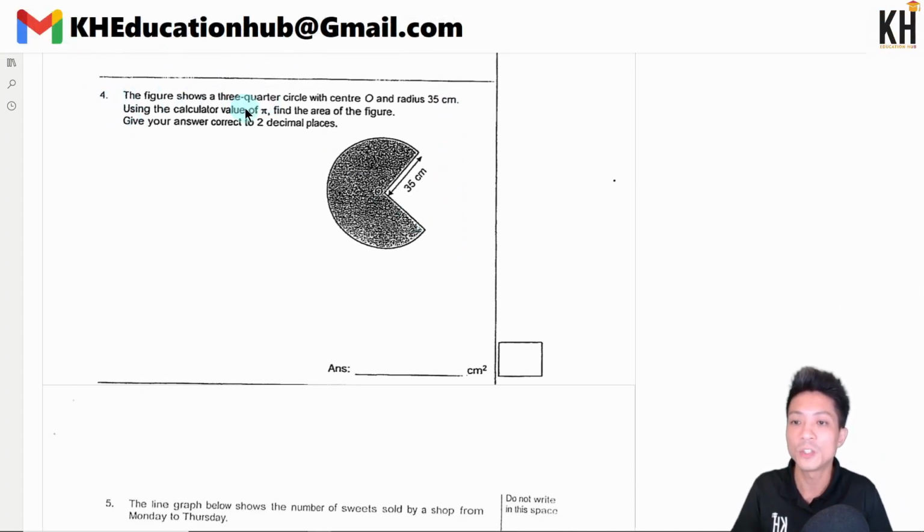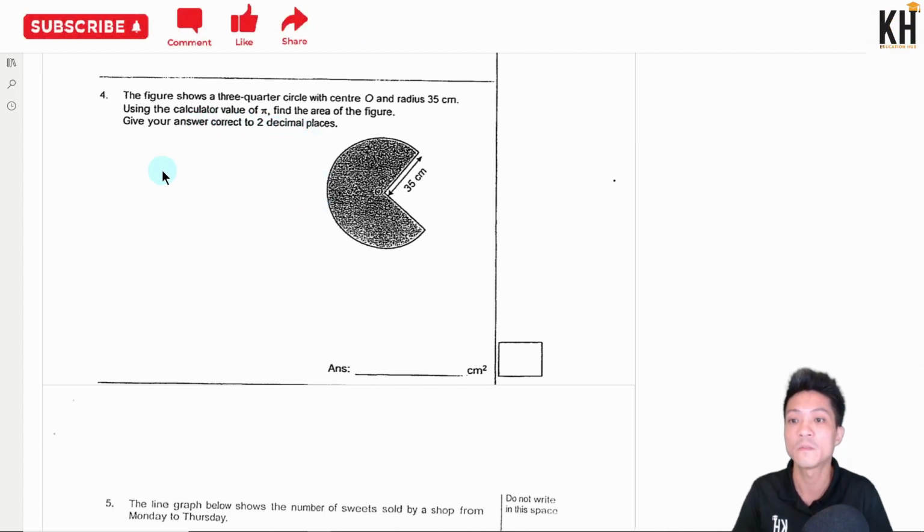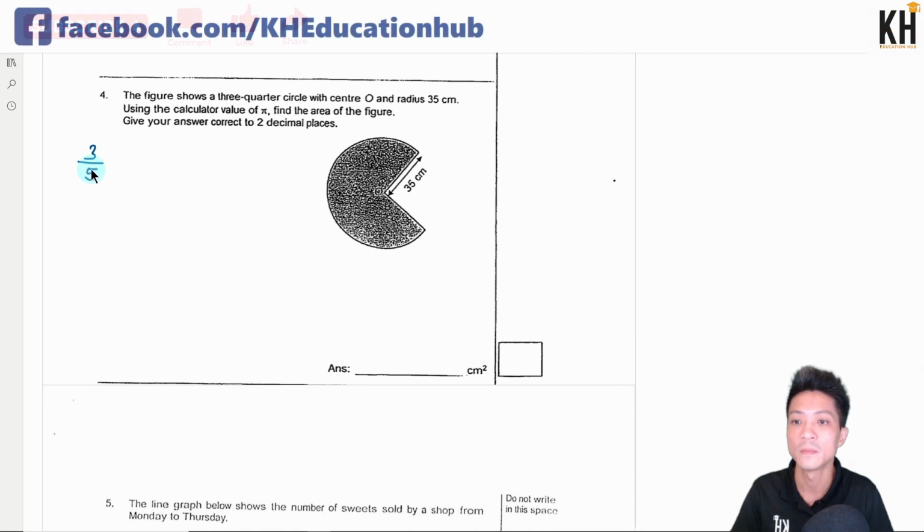Question 4. The figure shows a 3/4 circle with center O and radius 35 centimeters. Using the calculator value of pi, find the area of the figure. Give your answer corrected to 2 decimal places. The first thing I'm going to do is find the area of the figure. This is 3/5, oh sorry, not 3/5, 3/4.